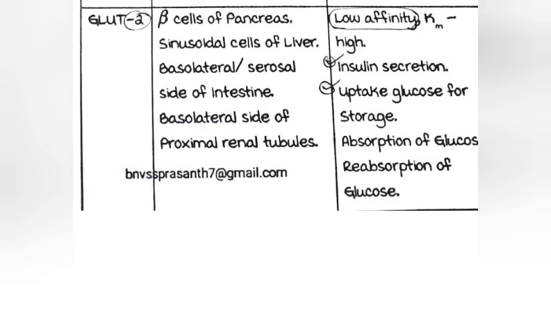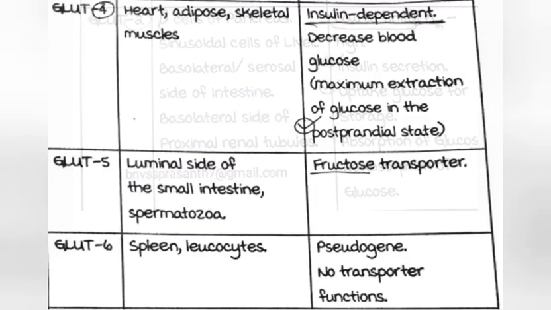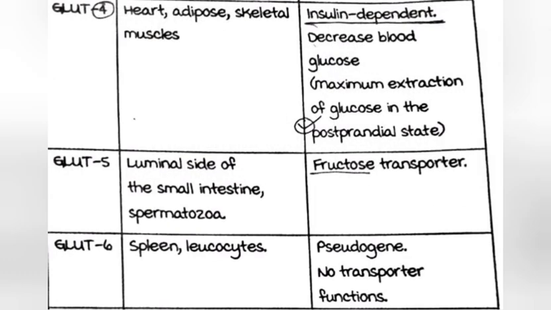They help in the uptake of glucose for storage in the liver by acting on the sinusoidal cells of the liver, for the formation of glycogen to store it. They also help in the absorption of glucose from the intestine and the renal tubules. Then there is GLUT3, which is not present in this chart.